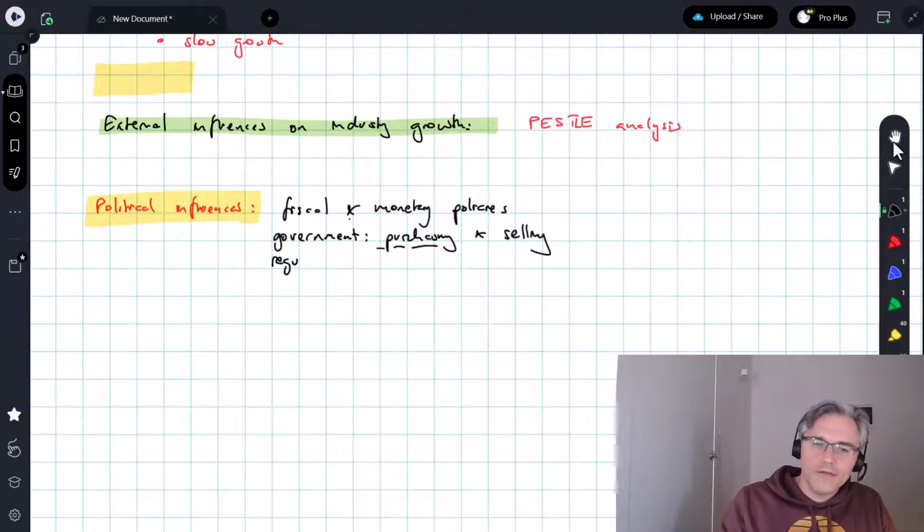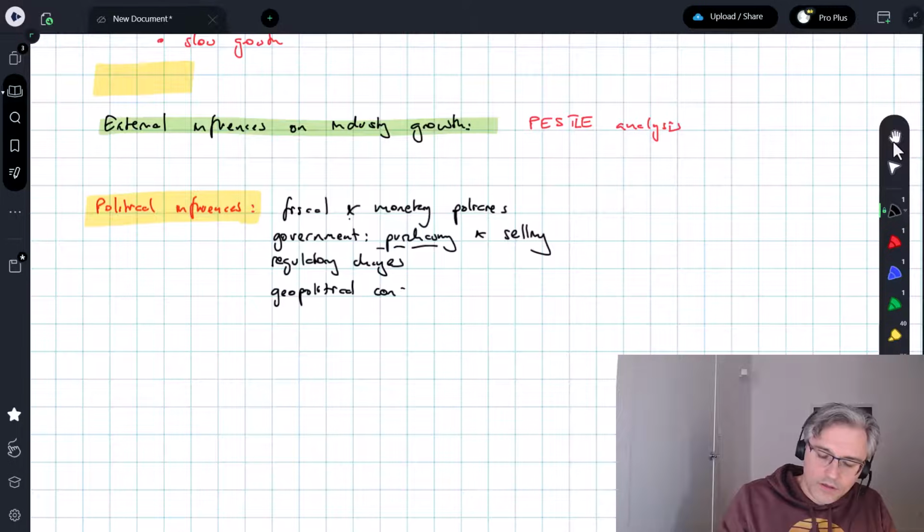Under political influences, you could think about regulatory changes, but also geopolitical conditions, actions.